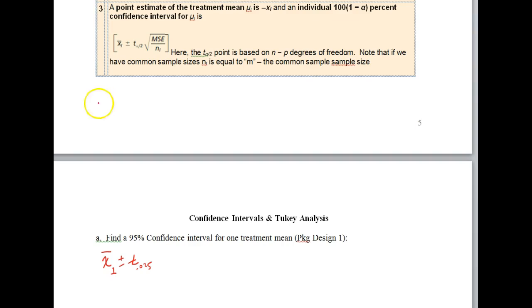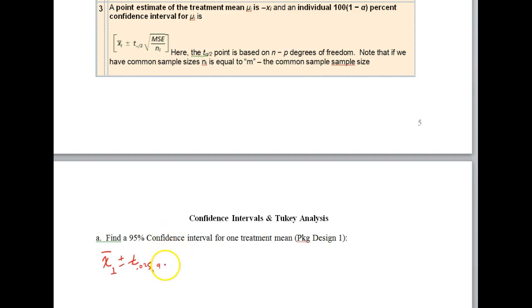Yes, we are doing it correctly. So it's going to be t of 0.025 and n minus p degrees of freedom. So n was what now? N was 12, and p, the number of treatments, was 3. So 9 degrees of freedom.